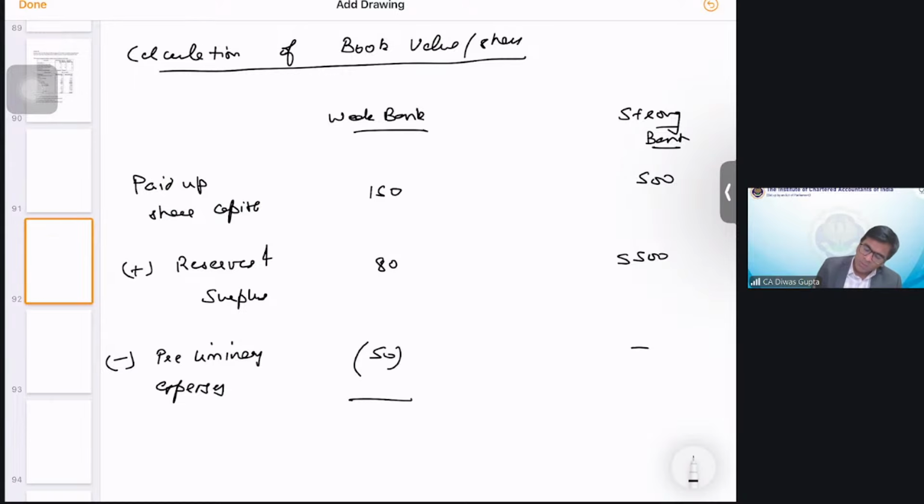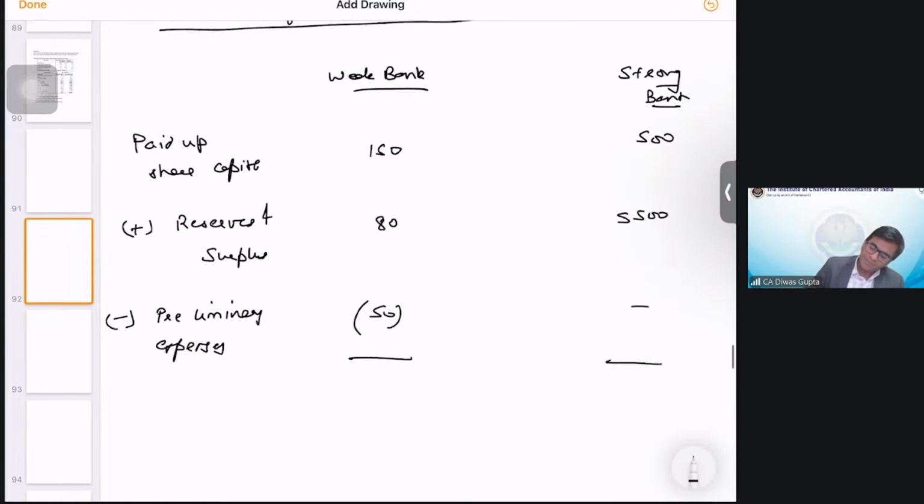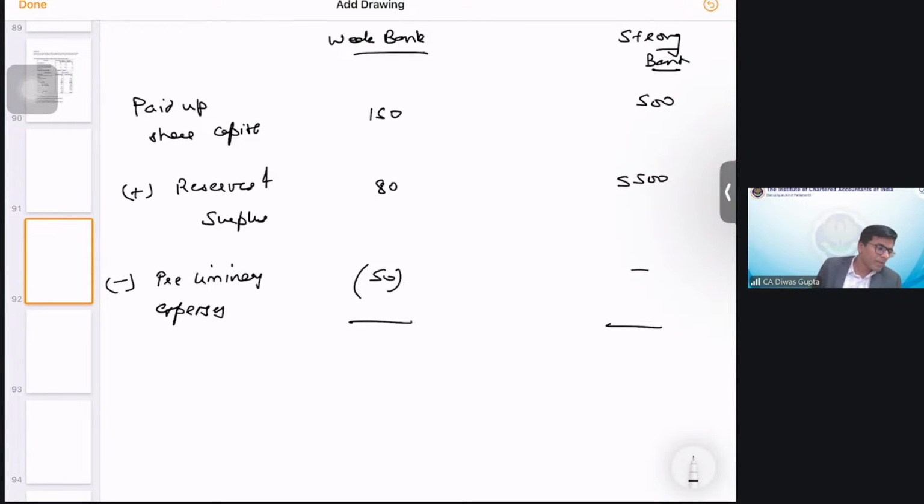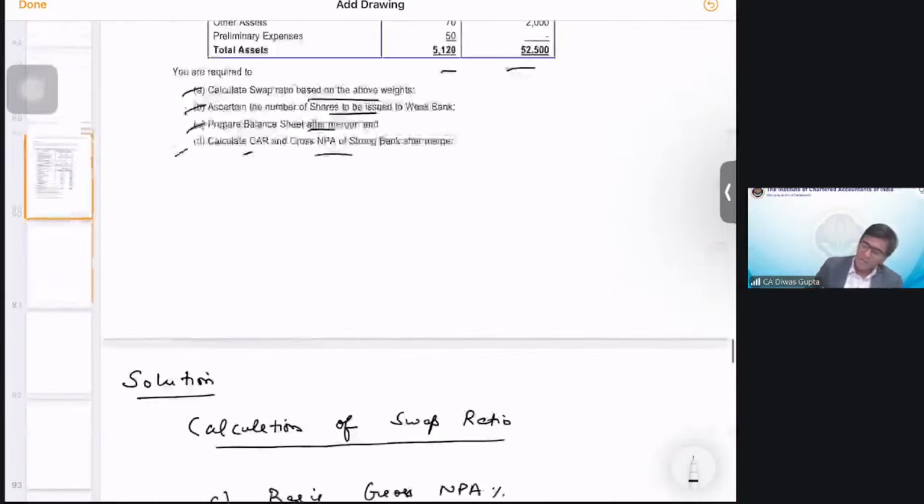So this is minus 50 and dash. Then the total book value is 180 and 6,000, right? So 5,000 and 5,500, 6,000. This one is 150 plus 30 is equal to 180, divided by the number of shares. How can we calculate the number of shares, students?